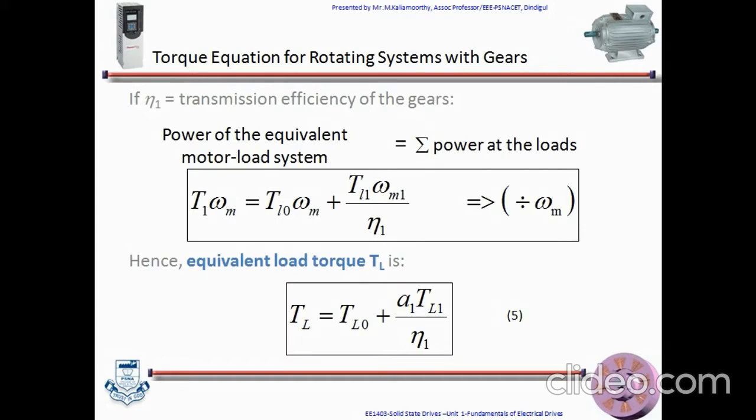Now the power of the equivalent motor load system will be equal to the summation of powers at the loads, that is power at load 1 plus power at load 2.